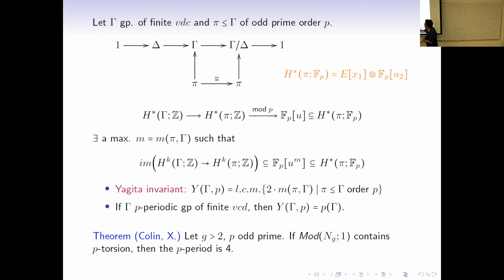So you can restrict the cohomology of gamma to the cohomology of pi and look at the reduction modulo p inside the mod p cohomology of pi, right? So you know that this image is going to lie in a polynomial algebra of this sort, generated by the class u_2, to a certain power m, right?